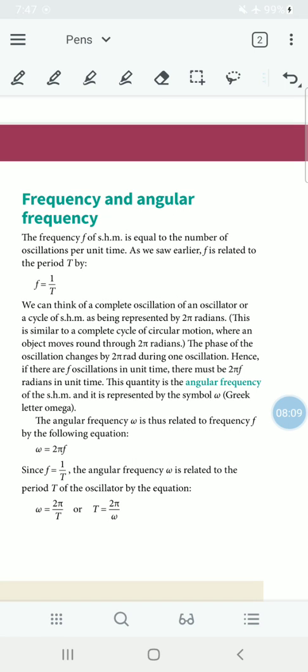If there are f oscillations in unit time, f number of oscillations in unit time, there would be 2 pi f radians in unit time. This quantity is defined as the angular frequency, within brackets omega.